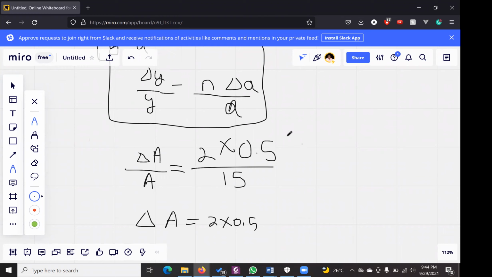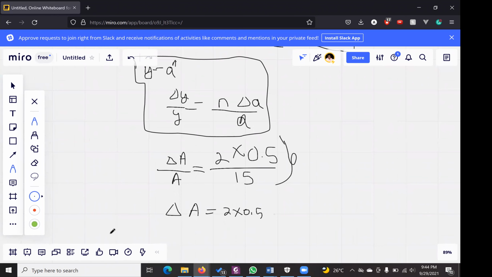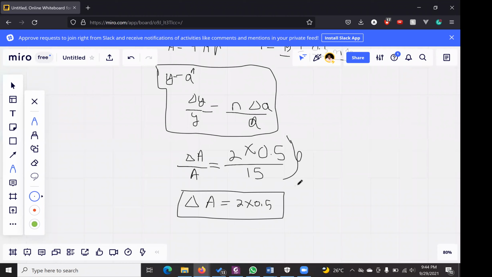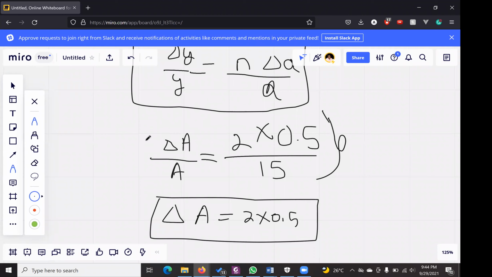So the top one, delta A over A, gives you your fractional error, and this gives you your absolute error. Could you repeat that, please, about the fractional error? This right here gives you your fractional error, the delta A over A. This gives you your absolute error.